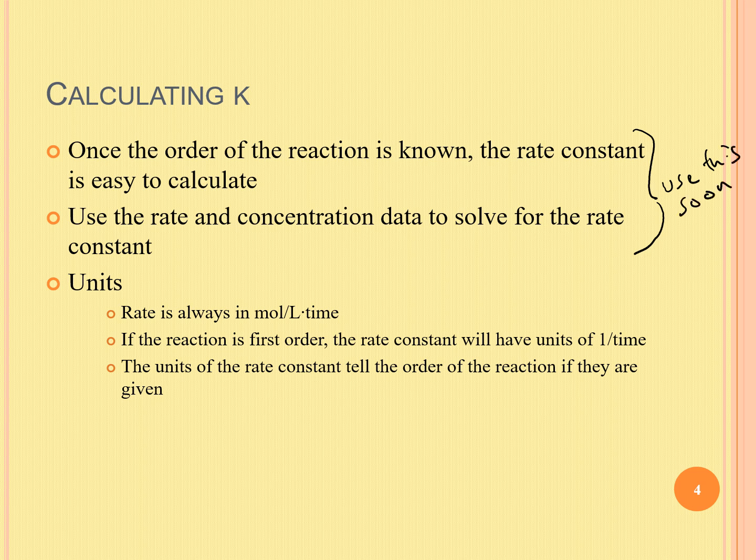Now, the biggest thing on this slide is this stuff. This is important: the units, because our units can help us determine the order of our reaction. Let's write a generic equation where rate is equal to k times [A], and we know that's raised to some power m, which is the order.